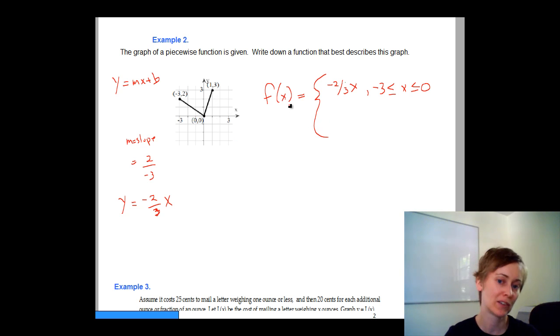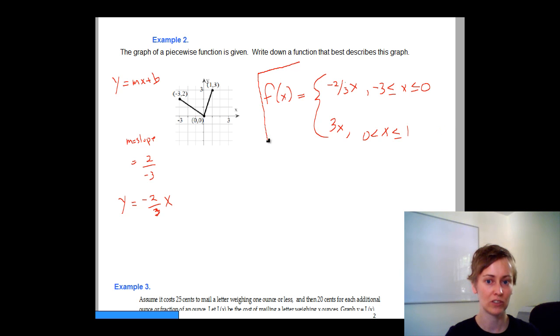So it's basically going to have this equation: mx, there's no b, b is 0, so it's going to be 3x. And when does this happen? This happens if x is greater than 0, or if x goes up to 1, or equals 1. Okay, so that's the answer to this question.